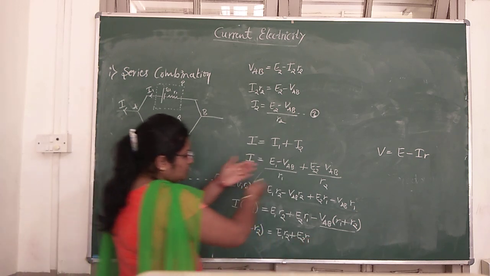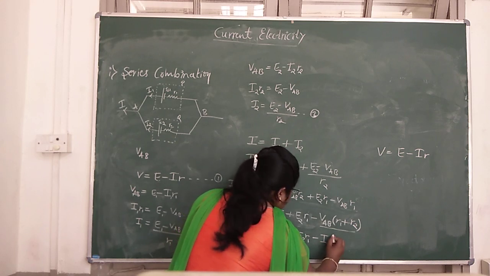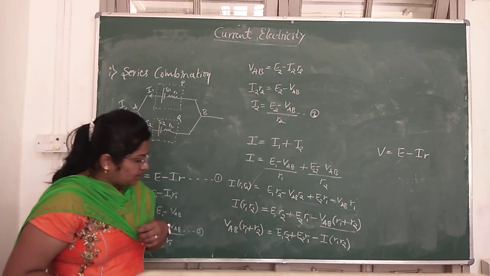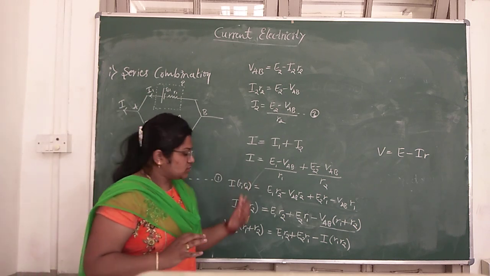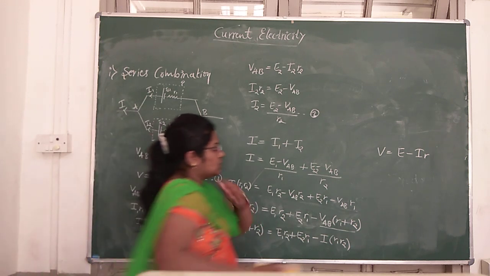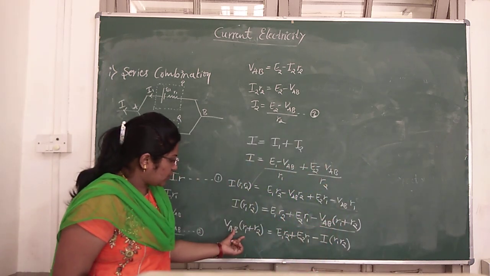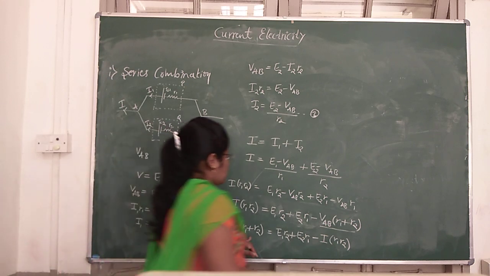Take this I term to that side, minus I R1 R2. Don't get confused, because I am just adjusting the terms. Let's look at the terms carefully. So what I am doing again here, send this R1 and R2 to this side. So what happens?